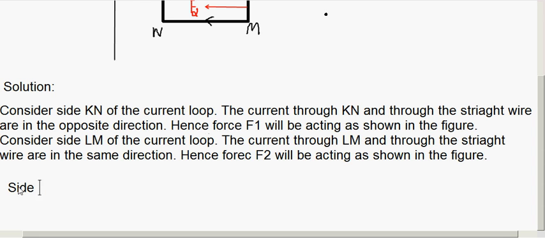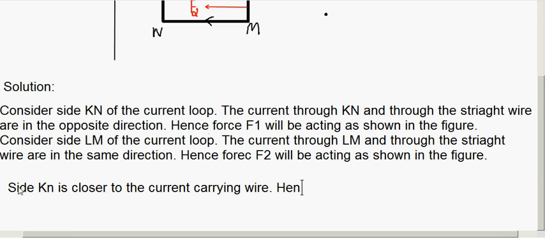Side KN is closer to the current carrying wire. Hence F1 is greater than F2, because if the two parallel currents are nearer, the force will be more. In the equation, the force is proportional to 1 by r, or inversely proportional to r, the distance between the current carrying wires.